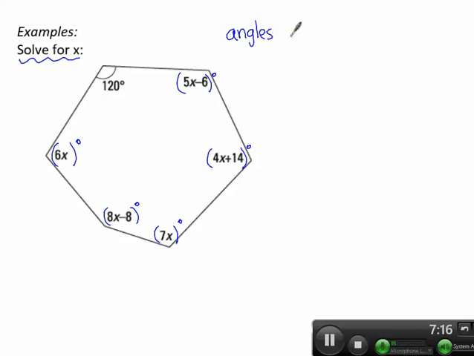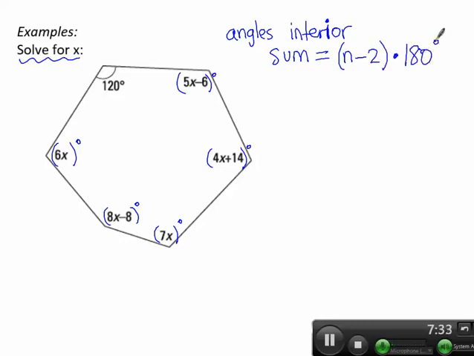So because these are angles, and because these angles are interior, we know that the sum of these angles has to be the number of sides minus 2 times 180 degrees. Now the number of sides we know is the same as the number of angles. So I can count 1, 2, 3, 4, 5, 6.